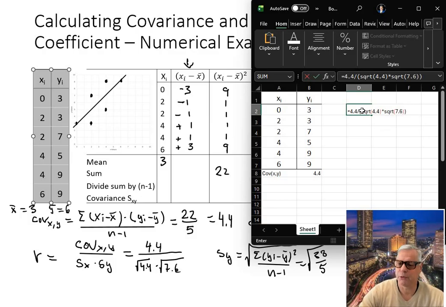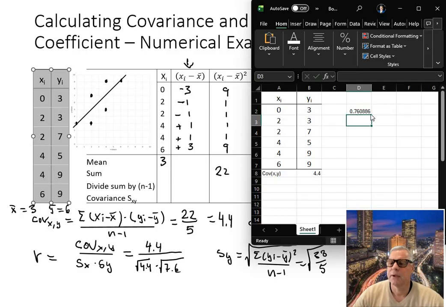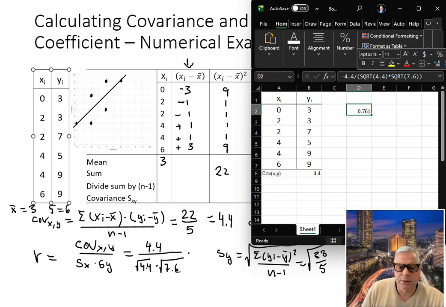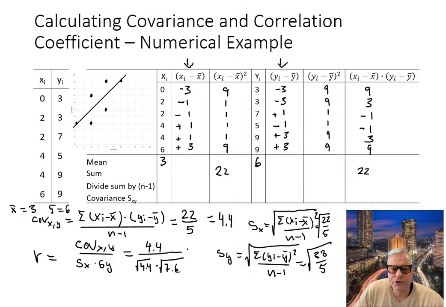So that should be the correlation coefficient, and that is, if we round it to 3 digits, 0.761. Okay, so the correlation coefficient that we now calculated was 0.761.